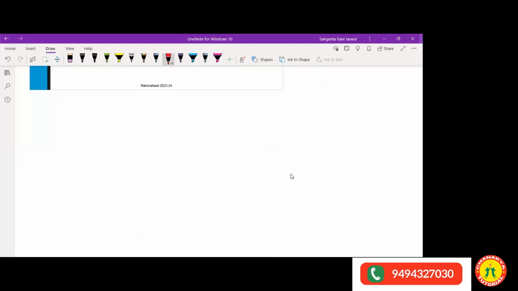Okay, please write the question as I'm writing. How many carpets, 3 meter by 2 meter, are required to cover a hall of 30 meter by 12 meter?